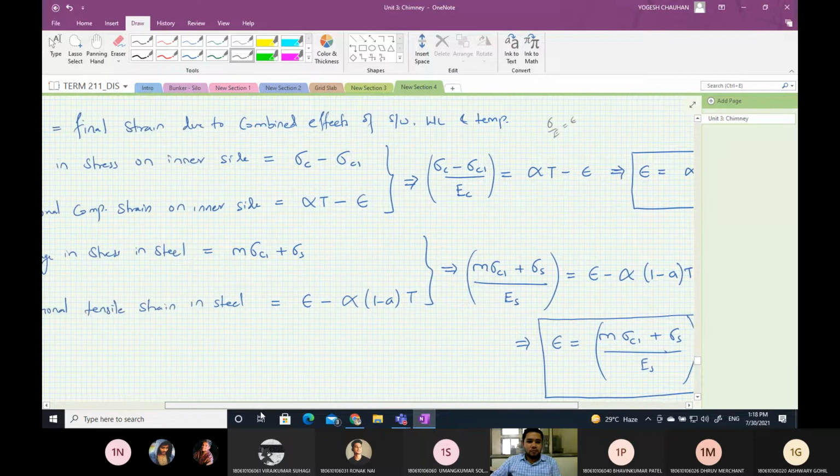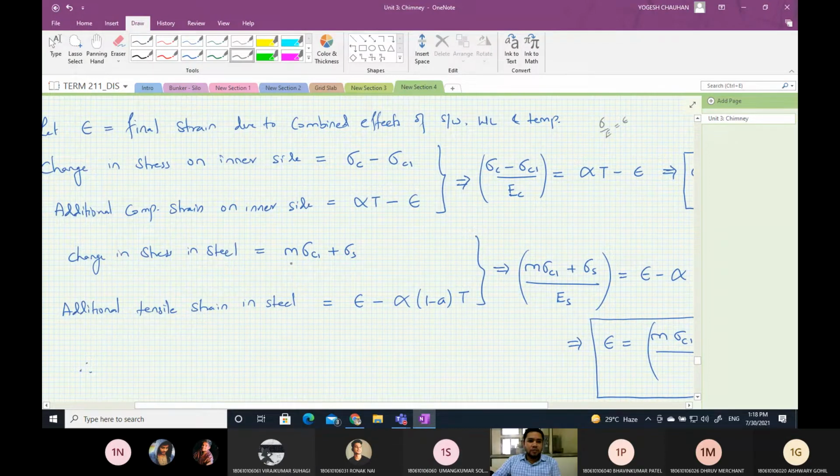Similarly for the steel, the change in stress in steel will be m sigma c1, which is the equivalent stress in steel due to uniform stress, plus sigma s. Then the tensile strain in steel will be epsilon, that is the final strain, minus (1 minus A) times T, which is the temperature at the level of the steel.